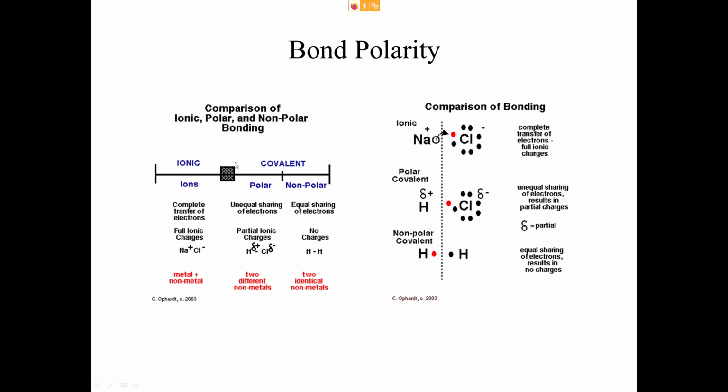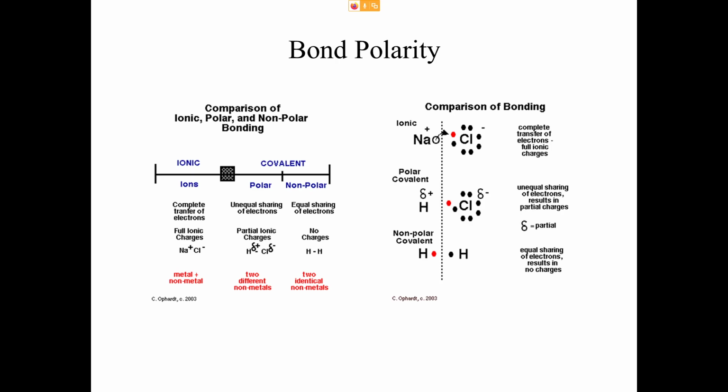One side here we'll call 1.5, and the other side will be 2.0. And it'll be called ionic if we're beyond 2.0, no matter what the elements are. But somewhere between 1.5 and 2.0, we could still call it polar, or we could call it ionic, depending on what the elements are. And I'll show you that in a slide coming up.